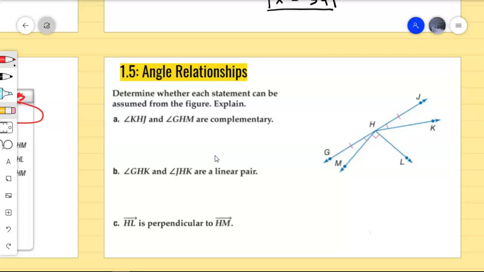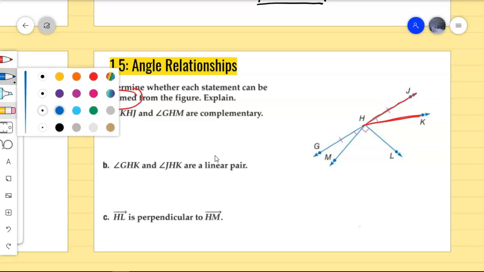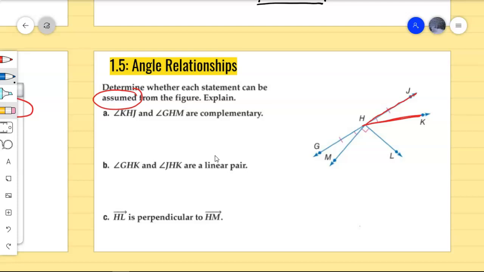Next slide. It says determine whether each statement can be assumed from the figure, and then explain. So let's apply what we learned in that previous slide. Can you assume that angle KHJ is complementary to angle GHM?